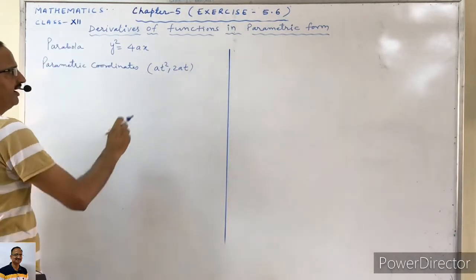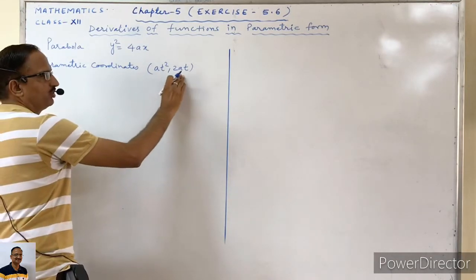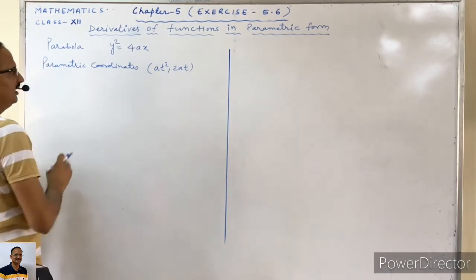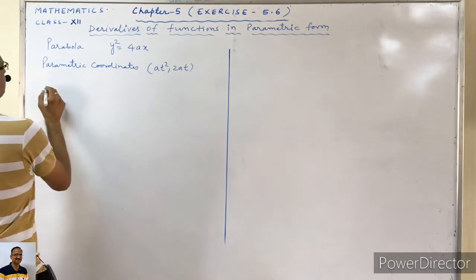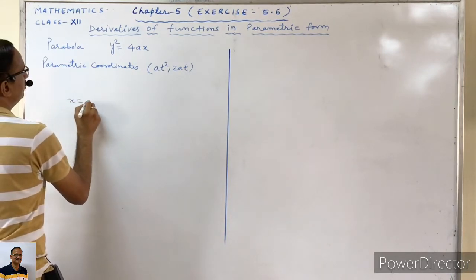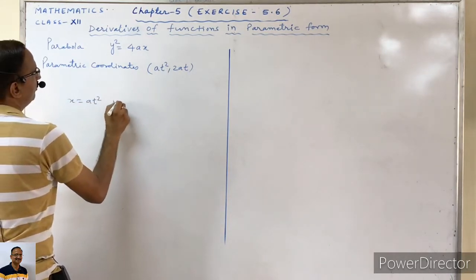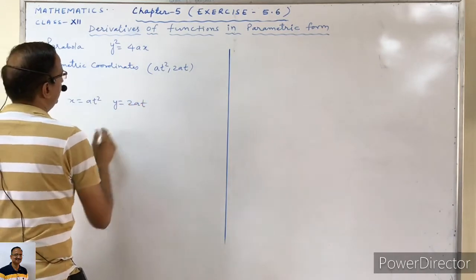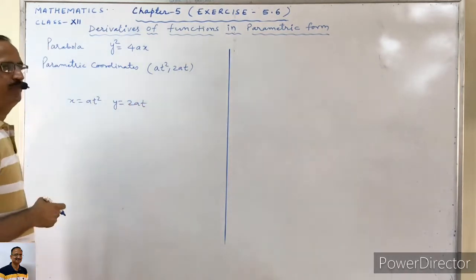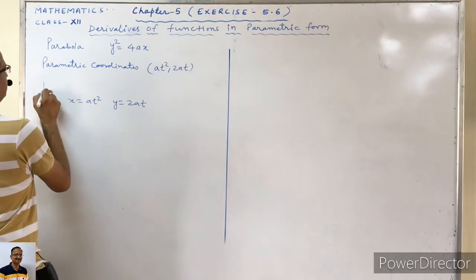Now, when we write these two coordinates separately like this, x equals to at square, y equals to 2at, then these are called parametric equations.